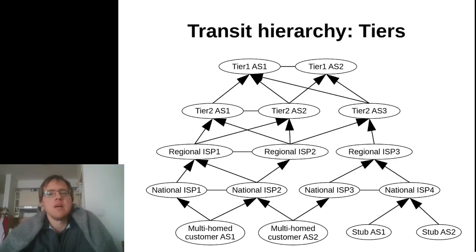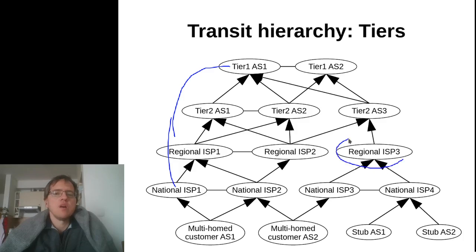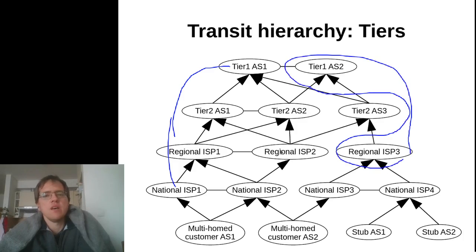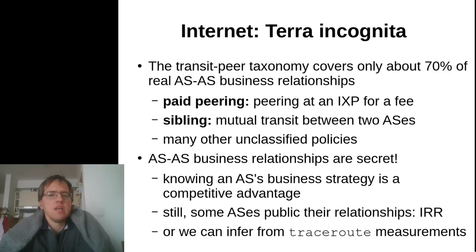We've seen many examples where tier 1s directly provide services to national ISPs. We see examples where an actual AS is both a tier 1 and a regional provider. There are all sorts of different peering links which go not just between the same level of the transit hierarchy, but span multiple levels, and so on.